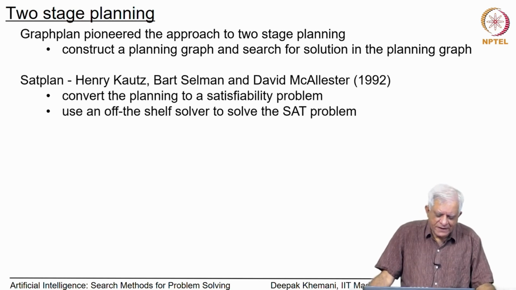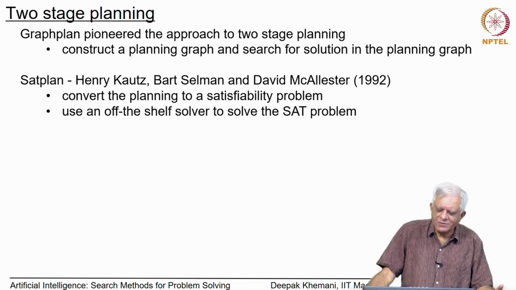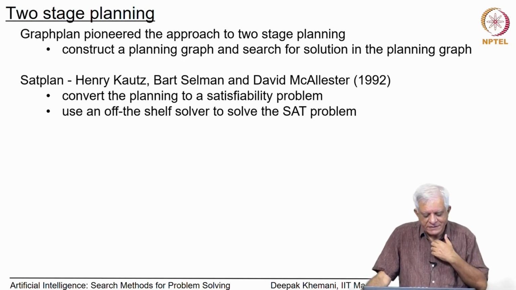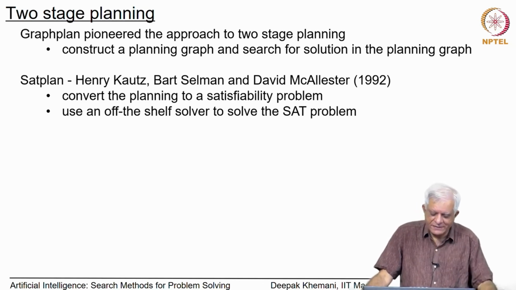There was an algorithm called SAT plan which came around that same time, 1992, a little bit earlier than graph plan in fact. Work on logic based approach to planning had been going on since the very beginning, till people realized that a strips like approach is more simple and efficient, but nevertheless the work continued, and what SAT plan does is it converts a planning problem to a satisfiability problem and then you can use an off the shelf solver for the SAT problem.